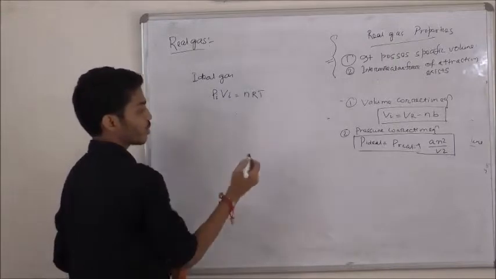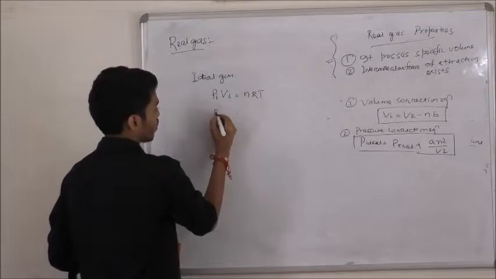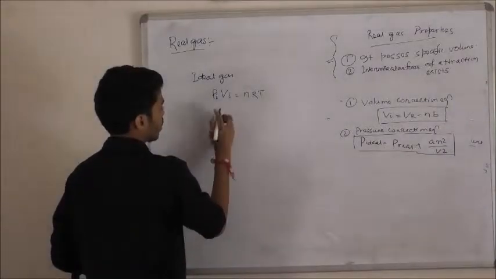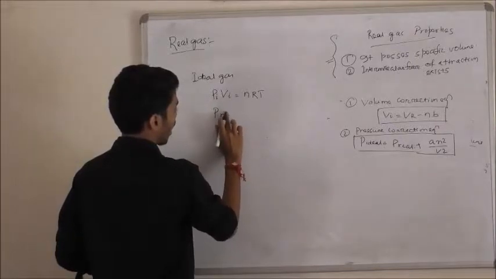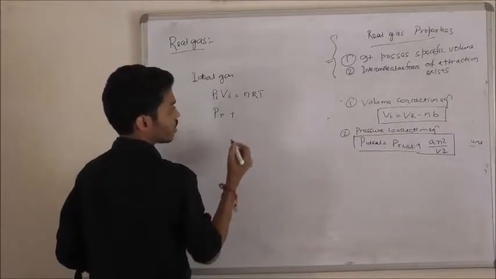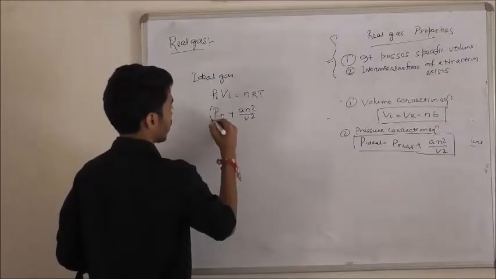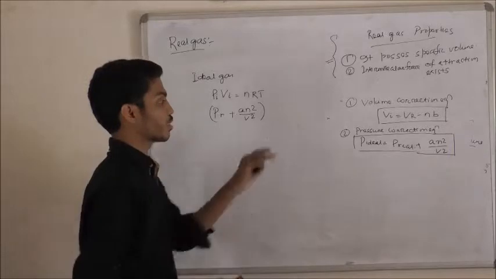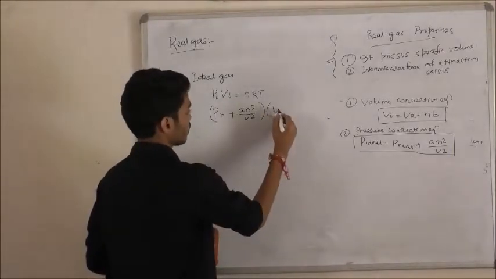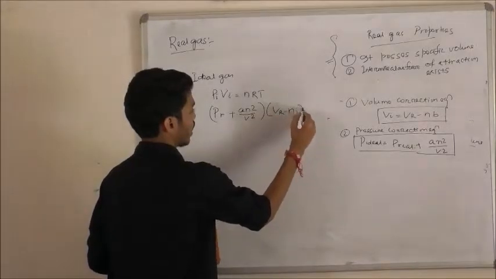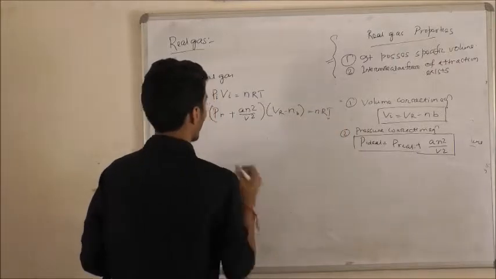In case of P ideal we substitute P real plus A N square by V square, and in case of V ideal we write V real minus nb, and this equals nRT.